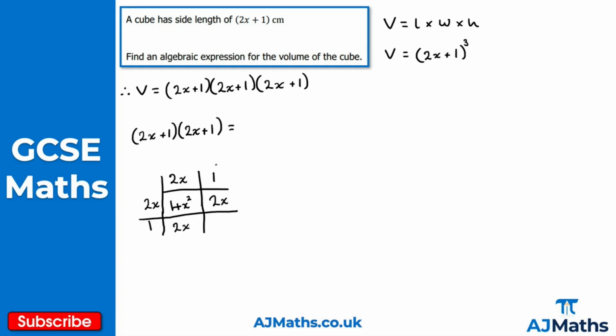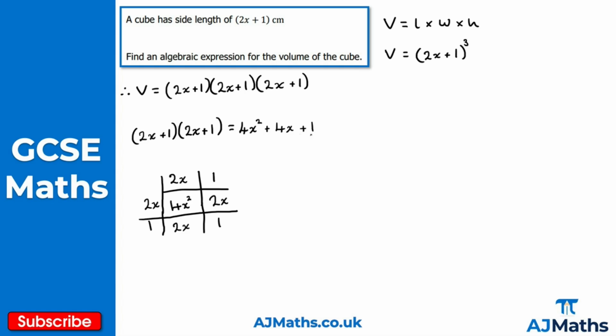And then finally, 1 times 1 will give us 1. So if we simplify this, we get 4x squared, 2x plus 2x is 4x, and then finally we get the 1 here.